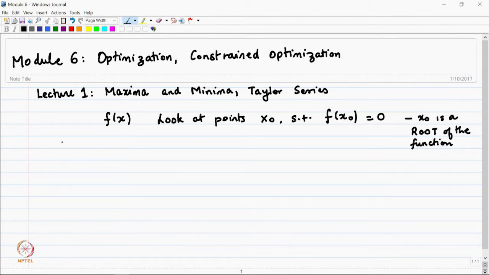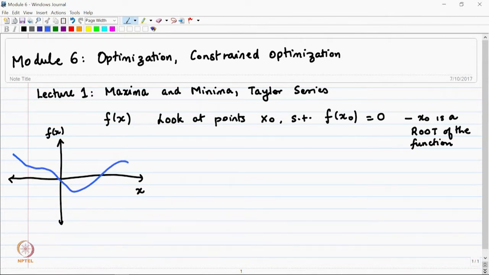So, what you say is that if I just show it graphically, if this is my x and I plot f of x on the y axis, now, if f of x has a form that looks like this, okay, then the places where these points are what are called the roots.